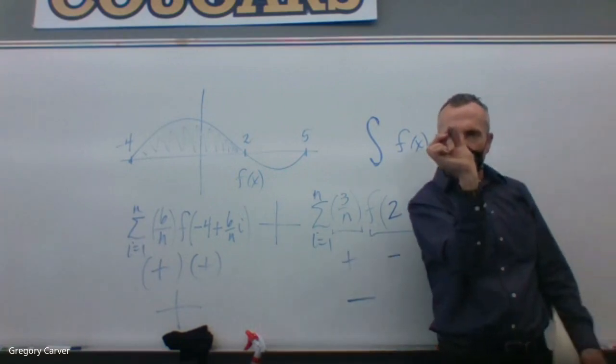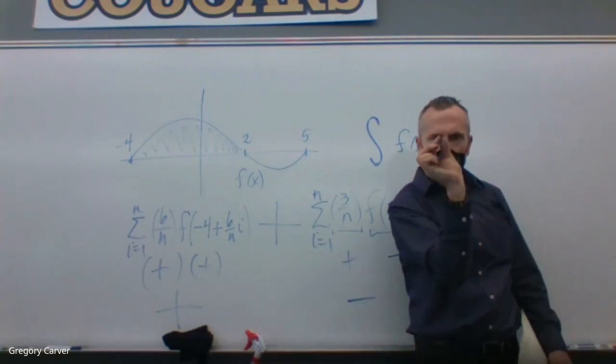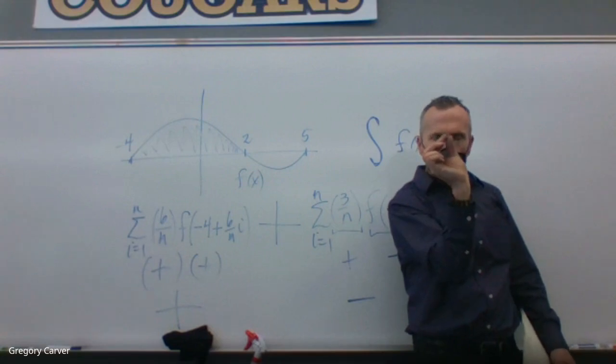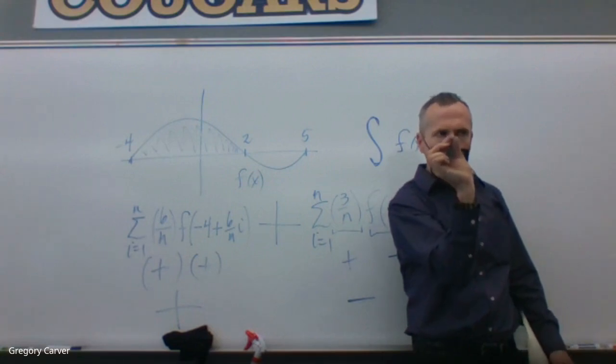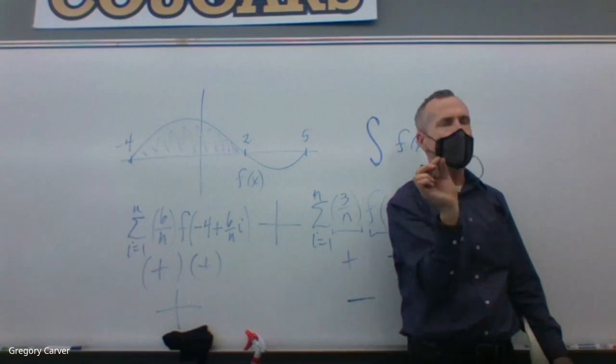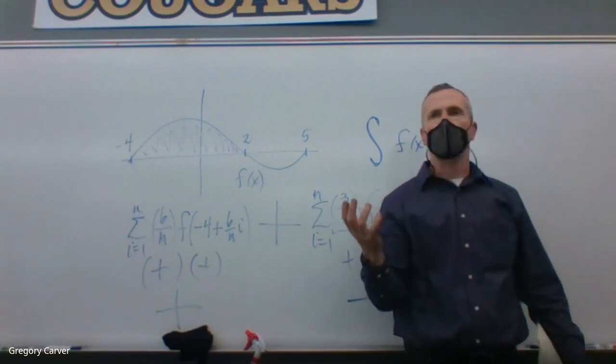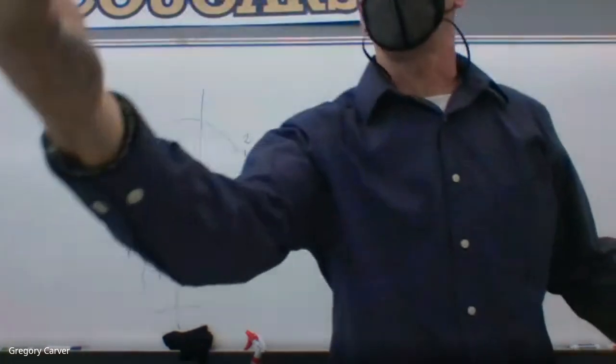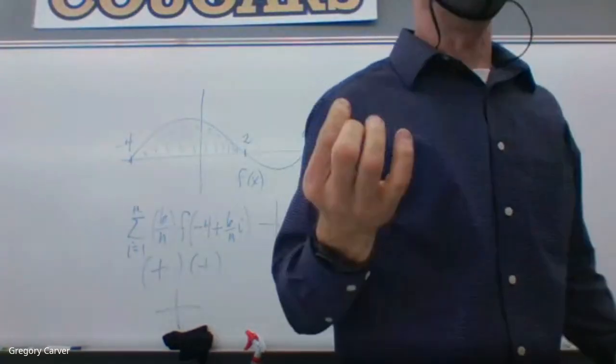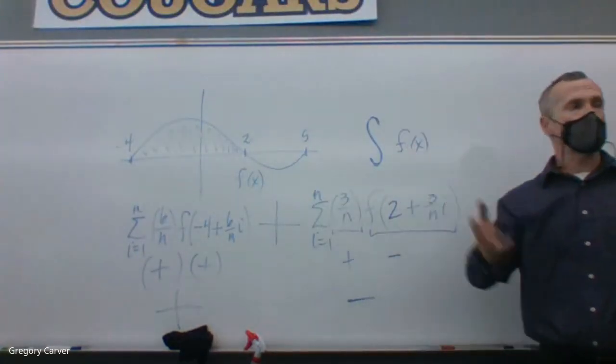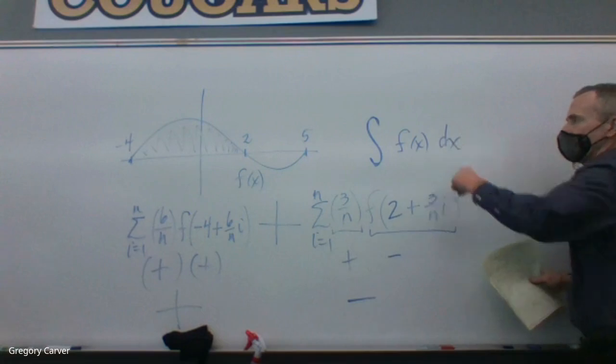Isn't that just a tiny little bit of movement along the x-axis? What do we call that in calculus? What is a tiny little increment of movement along the x? Delta x. In fact, delta x is even the bigger form. dx is the tiny one. So let's use dx, basically the same thing. f of x dx.